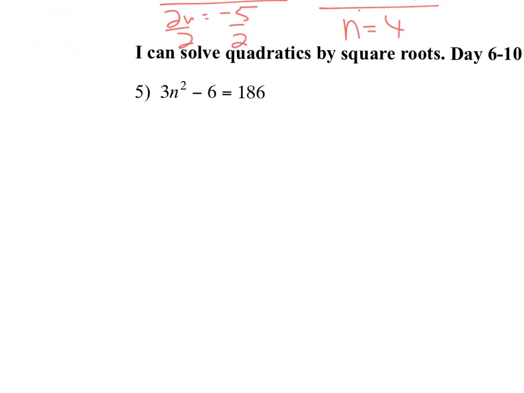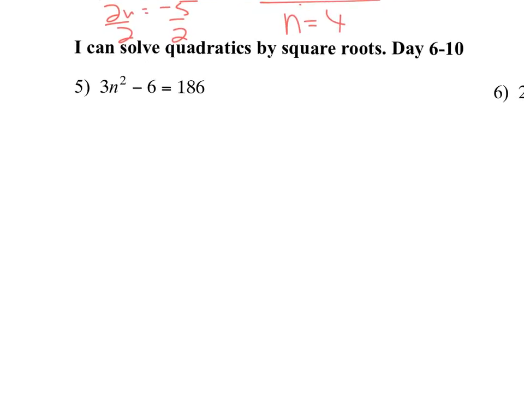All right, solving by square roots now. Our goal for solving with square roots is we want to get our squared term by itself. So in this case, our squared term is just n squared. So I'm going to move everything else over. I'm going to add 6. That gives us 3n squared equals 192.